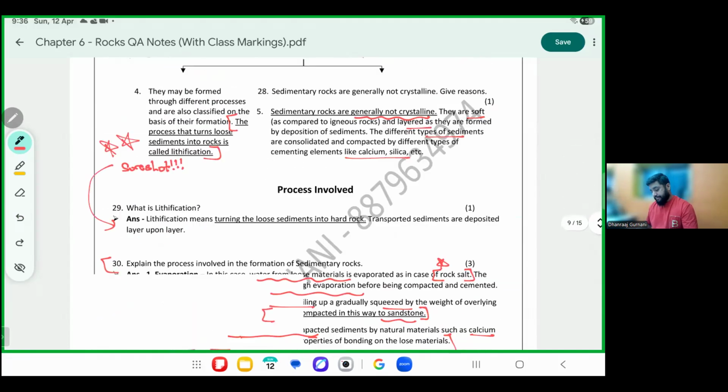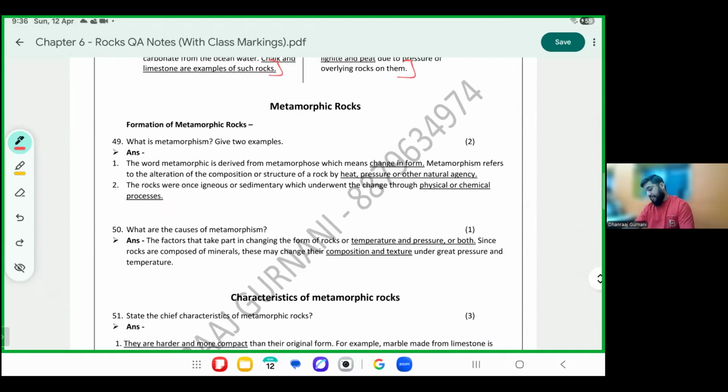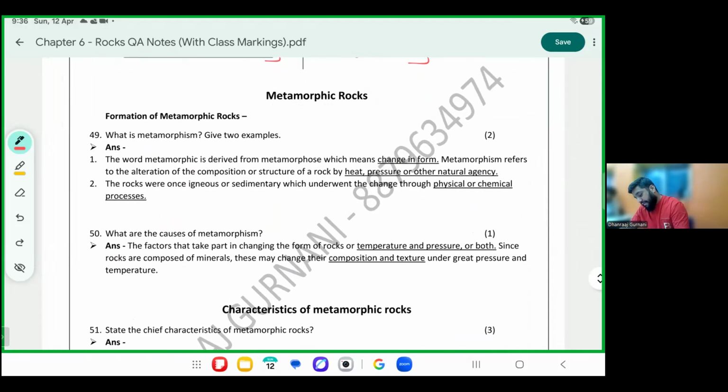Metamorphic means, the word metamorphic is derived from metamorphosis. Metamorphosis means something is changing. What is changing? This rock is changed because of, please mark, HAP: heat and pressure.